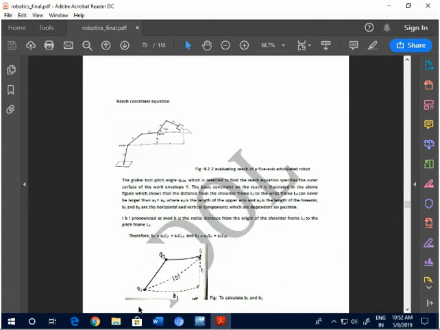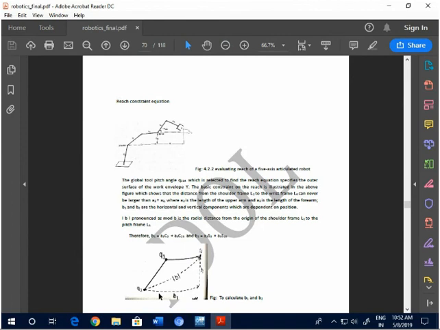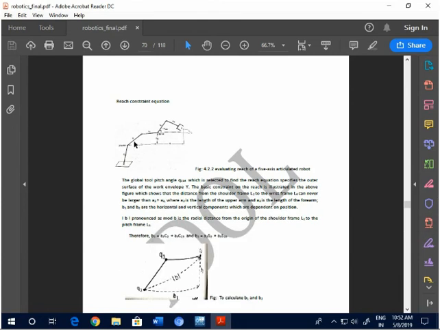If you go down, see this diagram, your B1 out here, this distance B1 is the horizontal distance between the shoulder and the pitch frame. Horizontal components will take care of this distance and this distance.